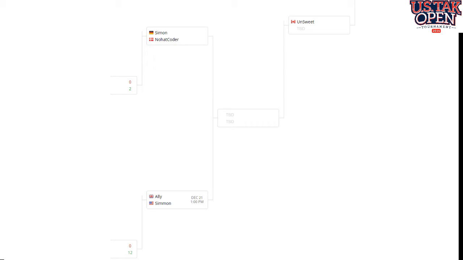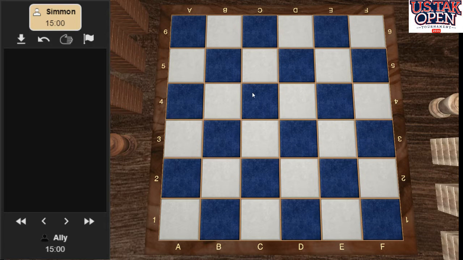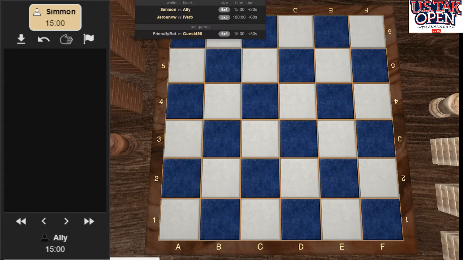So I do believe the players are all ready. Let me give them the go-ahead and we'll get this match underway. So it looks like Simmon has opted to go first.